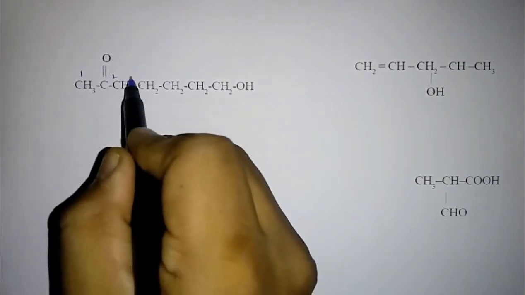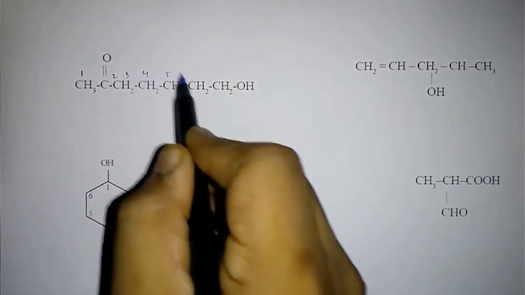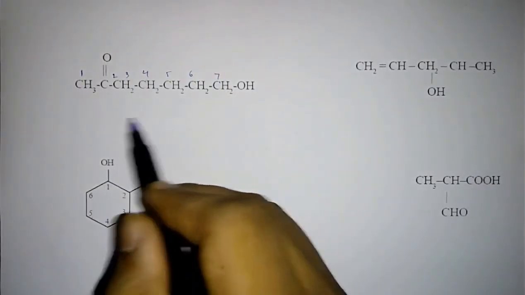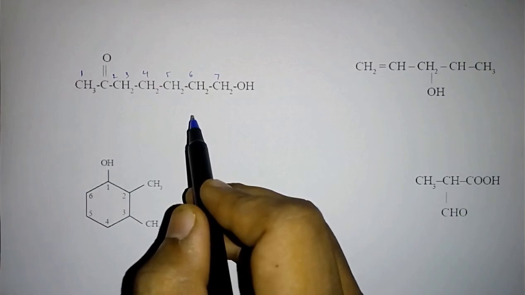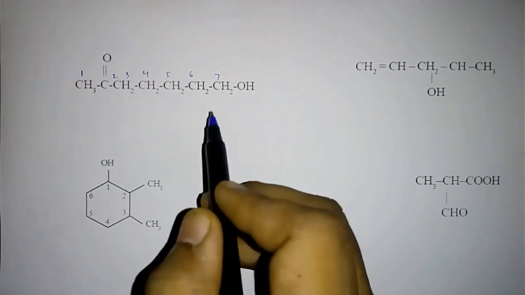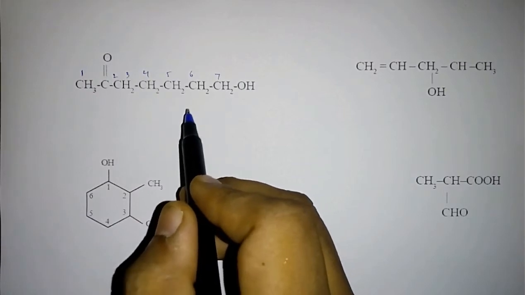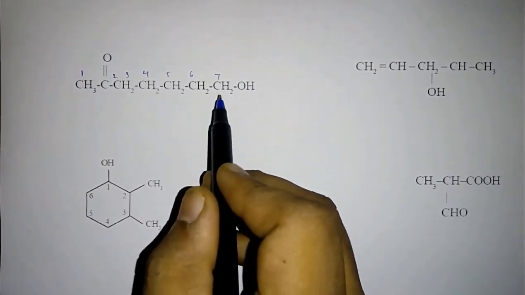1, 2, 3, 4, 5, 6, 7. Numbering over. Now let's write the name of this compound. The first part is our prefix part, which is nothing but our substituent part, starting with the number of the carbon on which the substituent is present.